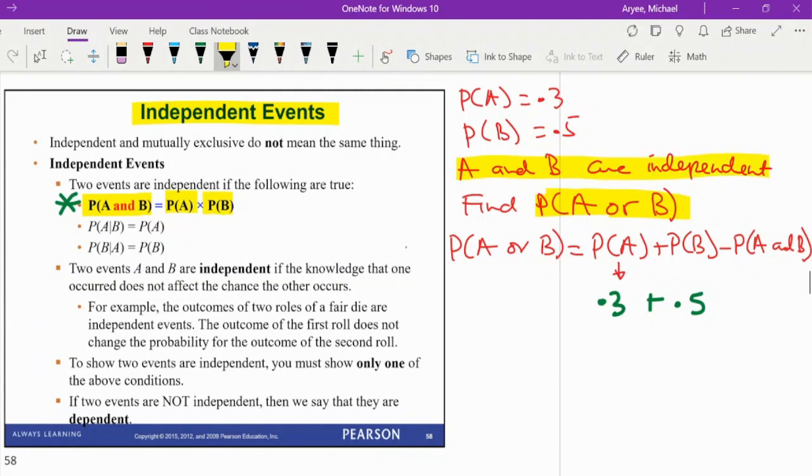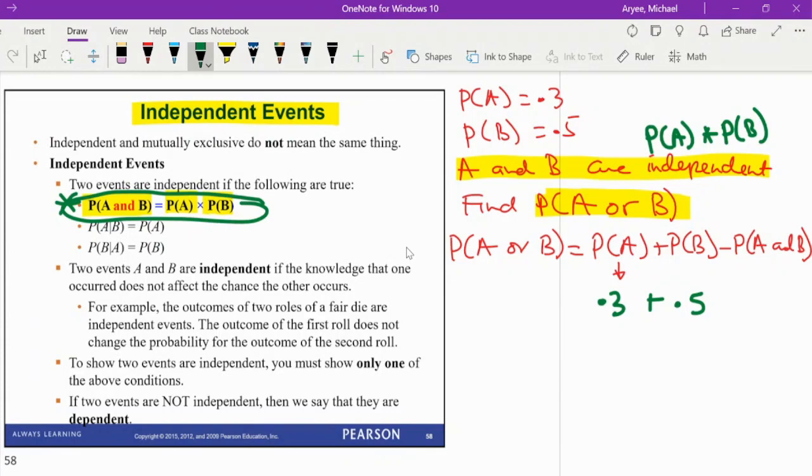If they are independent, then you're going to do P of A times P of B. So if two events are independent, then this is true.